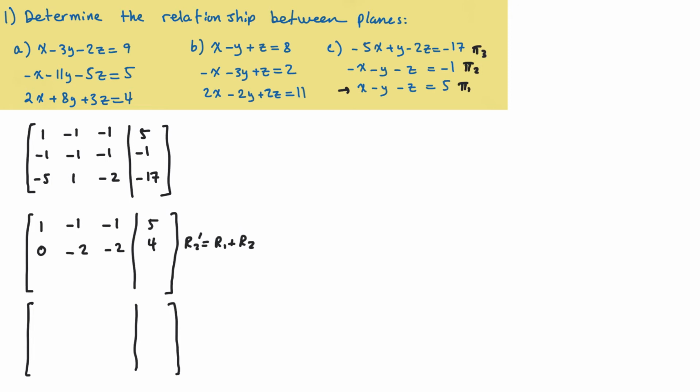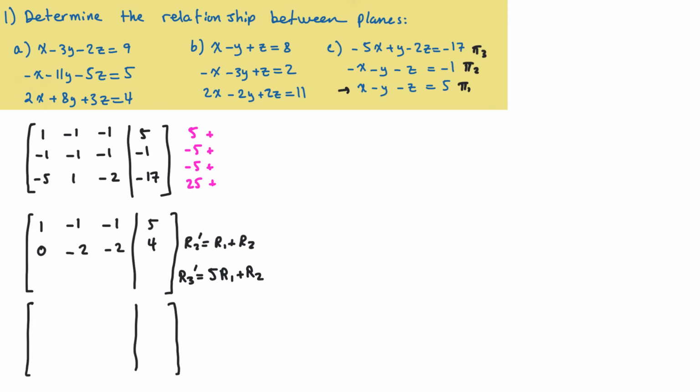But now we need to reduce the value here. The lowest common multiple between these two is 5, so for row 3 I'm going to multiply row 1 by 5, and row 2 can stay the same, and they have opposite signs, so I will need to add them in order to get a 0. So for row 3, 5 times R1, I'm going to have 5, -5, -5, and 25.